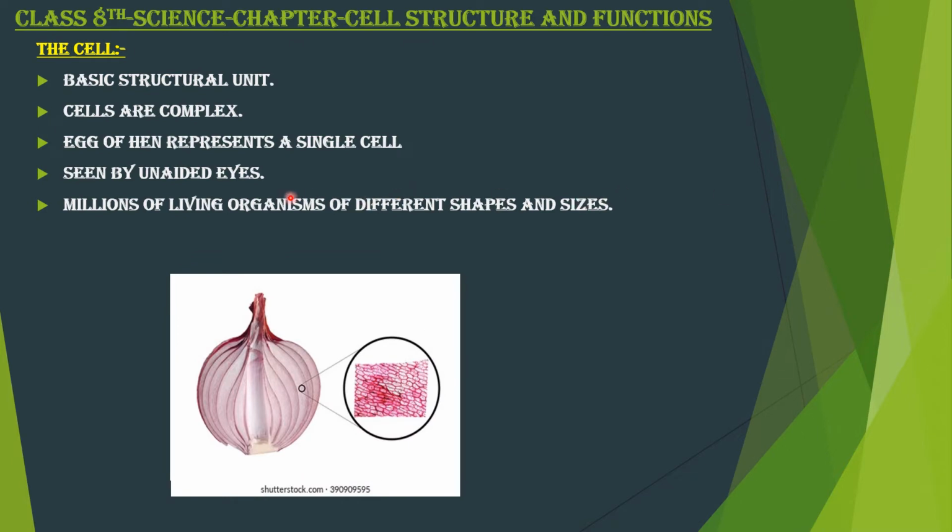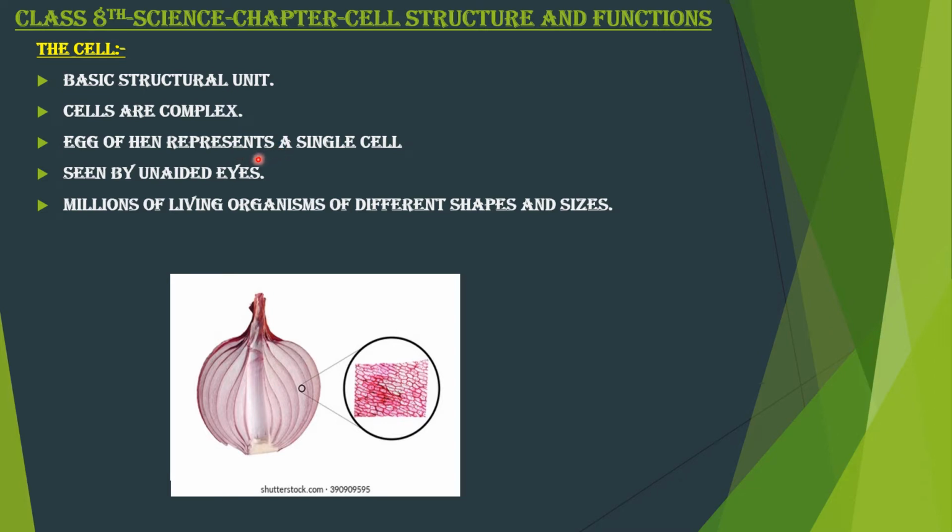The cell is the basic structural unit. These cells are complex, and cells have different shapes and sizes. The egg of a hen represents a single cell, which means a whole egg is a single cell.